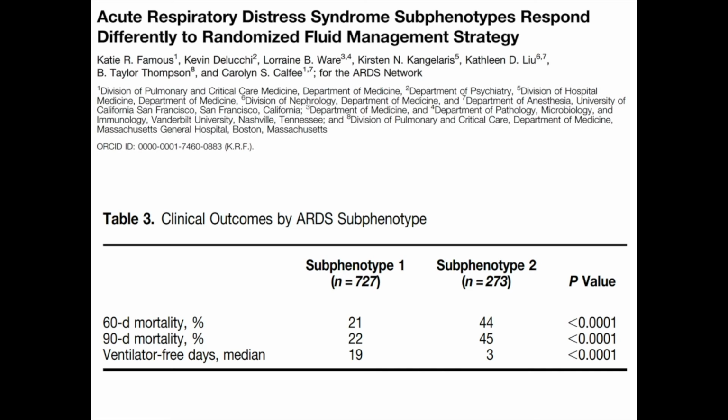So in this study, they had three studies: the ARMA, the ALVEOLI, and the FACTT trial. And in this again you can see that the 60-day mortality, 90-day mortality, and ventilator free days were worse in phenotype 2. So again they are confirming the fact that subphenotype 2, the hyperinflammatory ARDS, is worse.